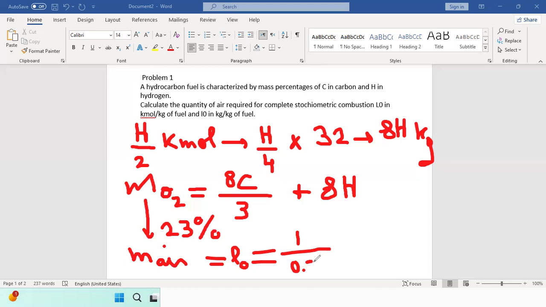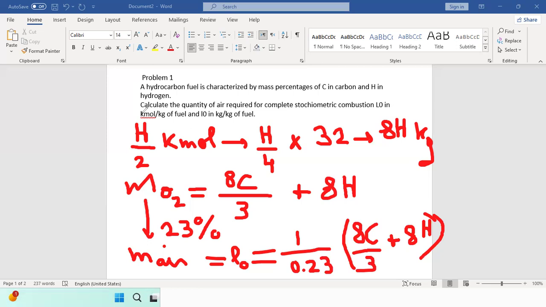And you can verify that the two methods will give you exactly the same result. Any question on this?